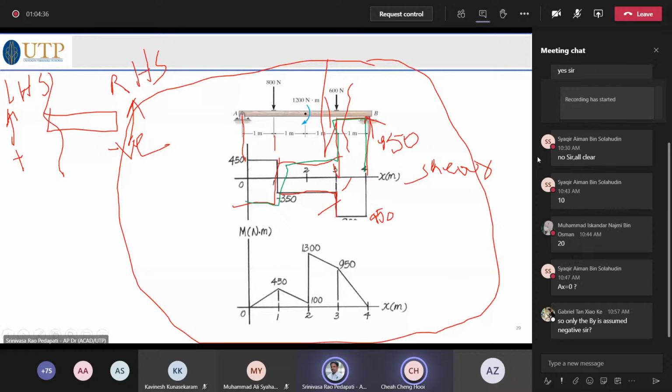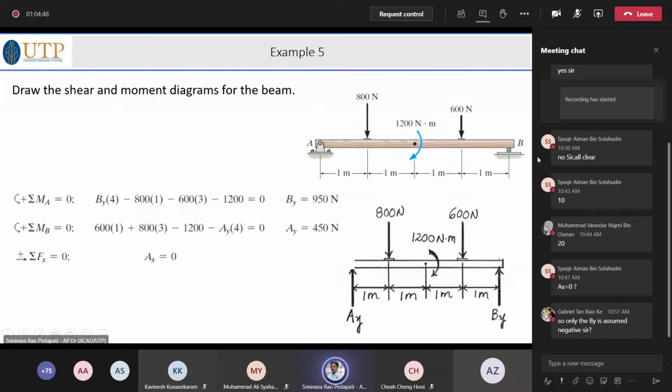Clear, sir. Thank you. In some conventions this green color is also okay. Only thing is you have to give it. That's why when you see our slides or our textbook, they mention this. Actually sigma MA is enough. Why is this mentioned? Because of the convention you are following: plus is anti-clockwise. You need not write it; when I am speaking, sigma MA is 0, I don't mention this.